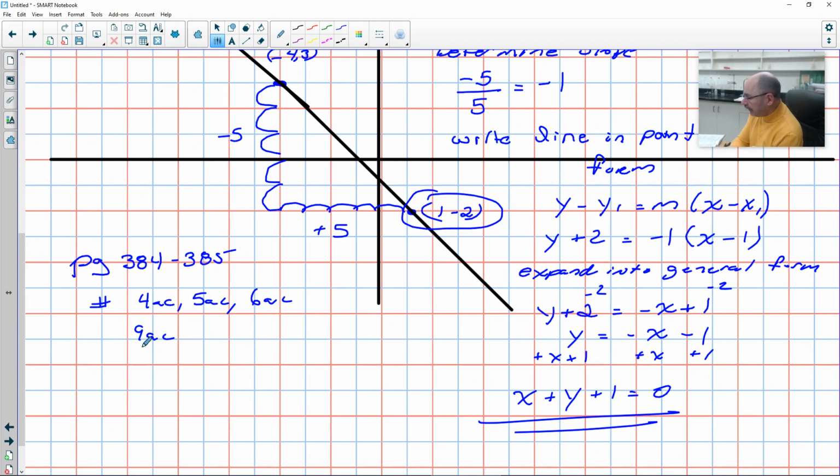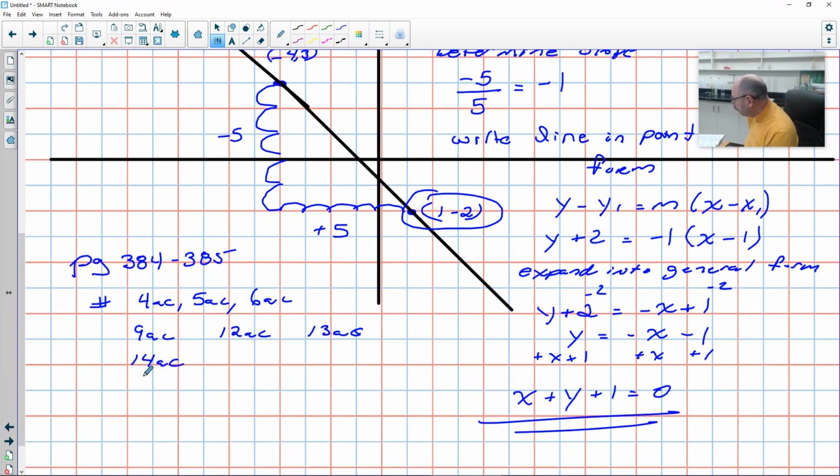Okay, and 12 A and C. That's converting to slope-intercept form. Okay, and 13 A and C, that's just finding slope. Okay, 14 A and C, that's graphing.